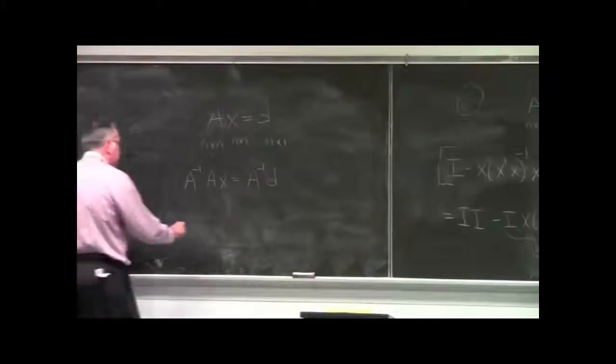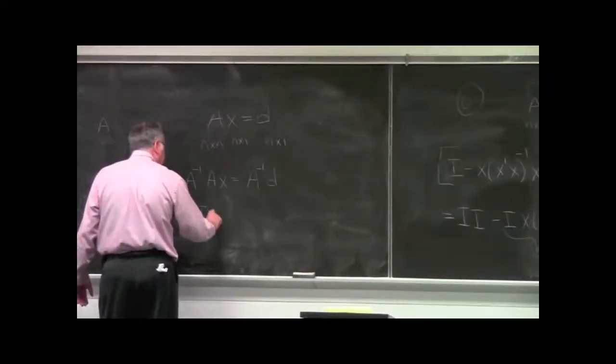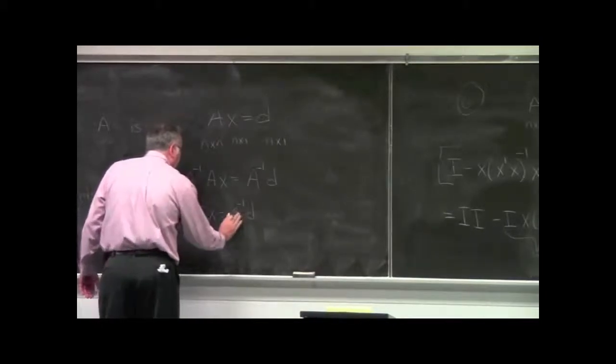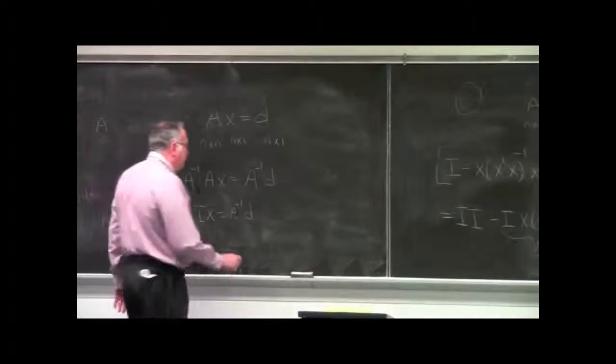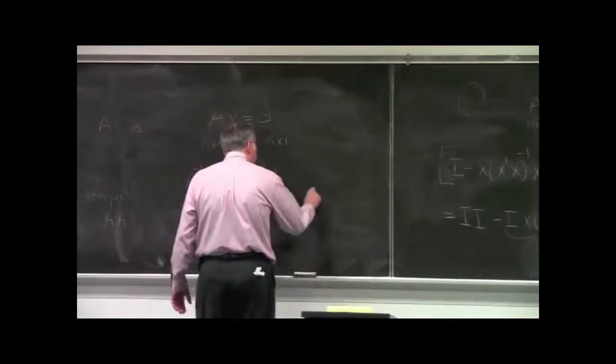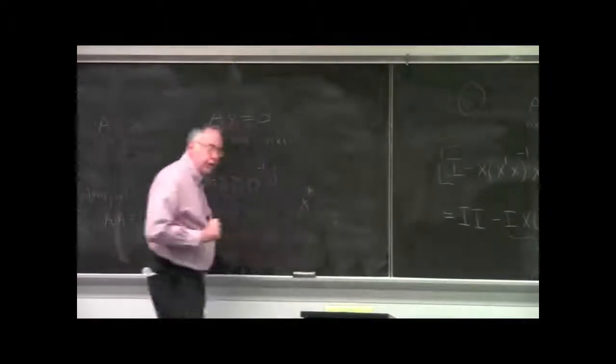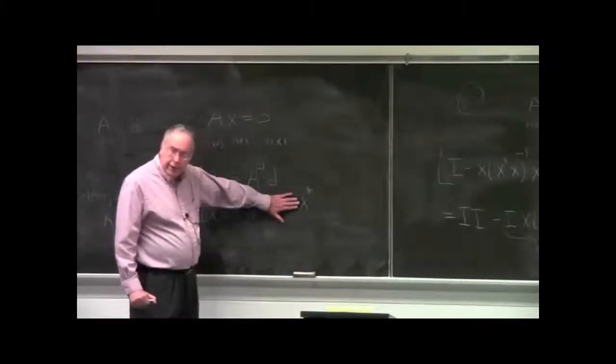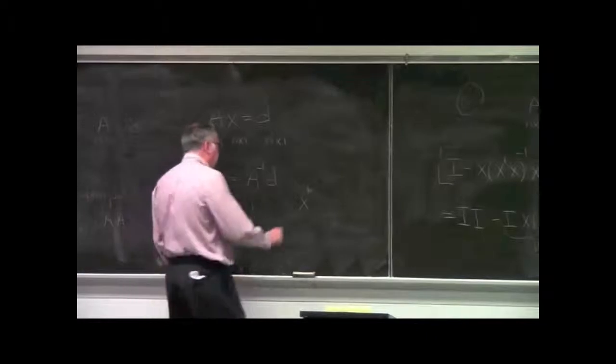So then we could write this as IX equals A inverse D, and we could just delete the identity and make it even simpler. Let me put a star on the X now to indicate this is the solution value. The solution value for the X vector is just A inverse D.